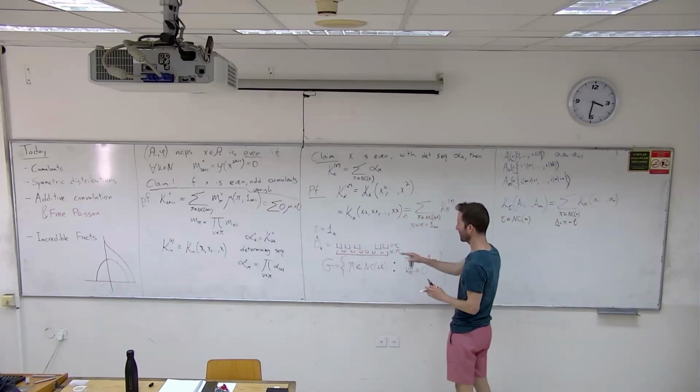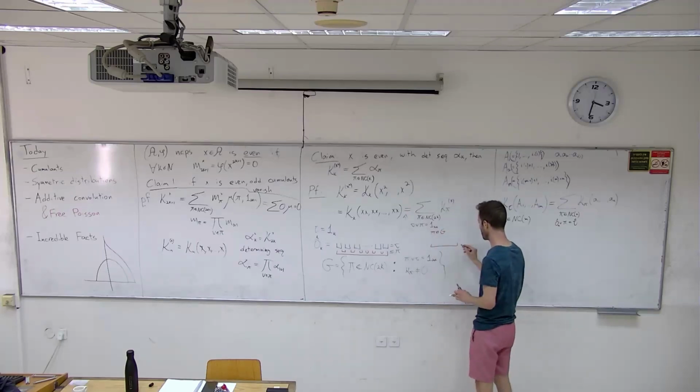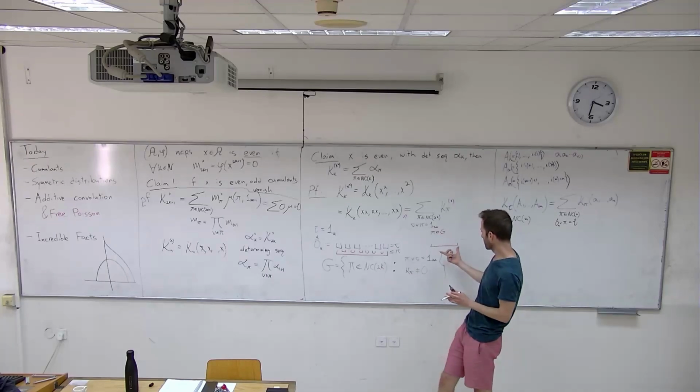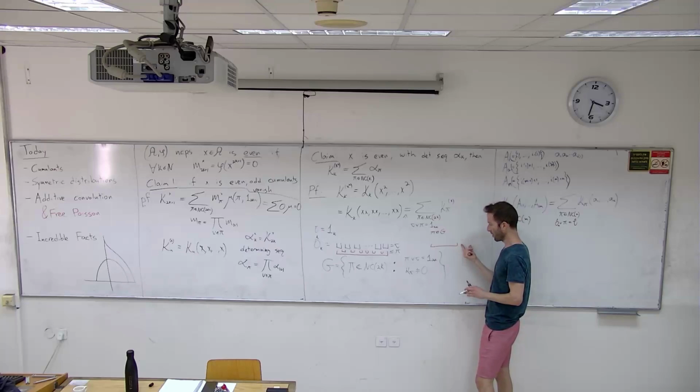So let's imagine the first one is not connected to the last one. Let's say we have pi in G, such that one is connected to somewhere here, and this is not the last. There are still more elements here. Now we first need to see that this index has to be even. Because if it is not, somehow another part of the partition is either here or both will be odd, and if something is odd, then the cumulant is going to vanish.